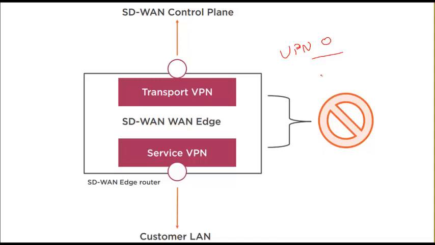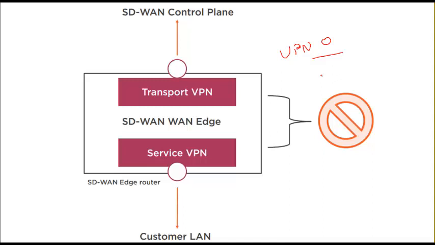See, on the transport side, it is connecting to MPLS or internet or broadband, whatever you have from the ISP. Whereas on the service side, we contain the interfaces that are connected to the LAN, your local site network.